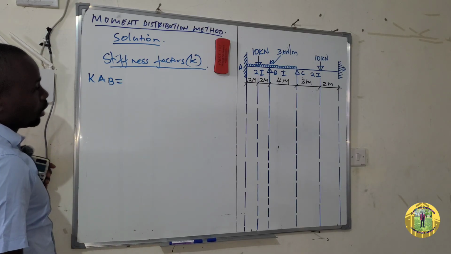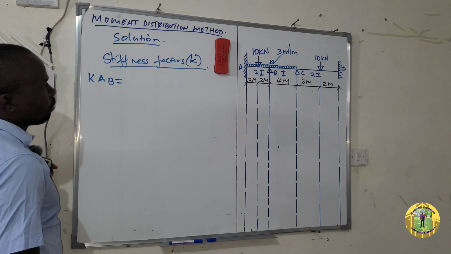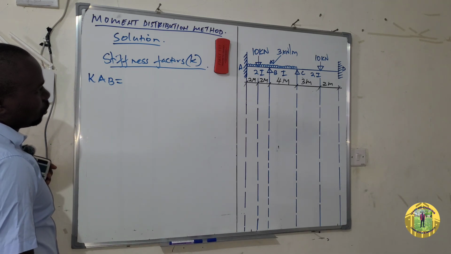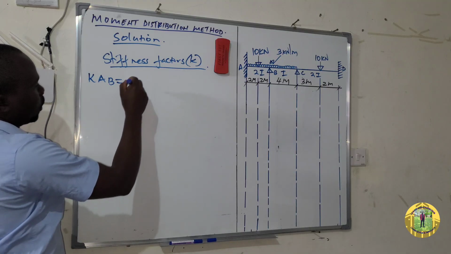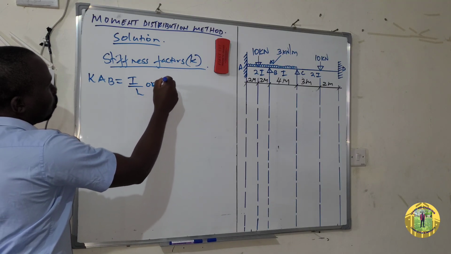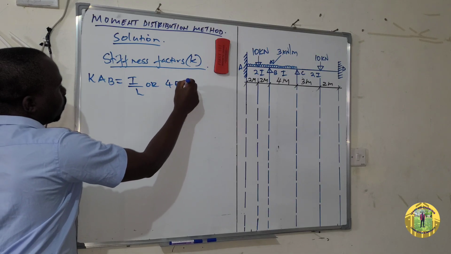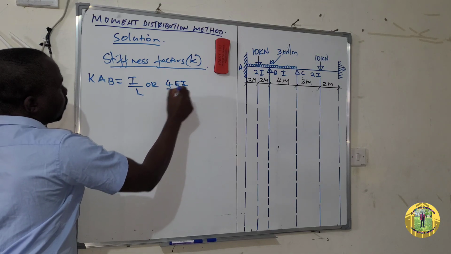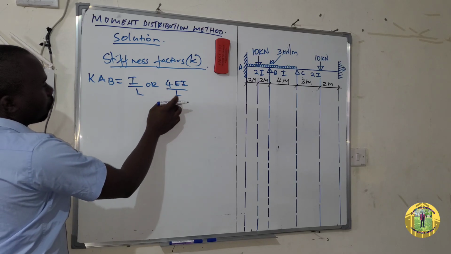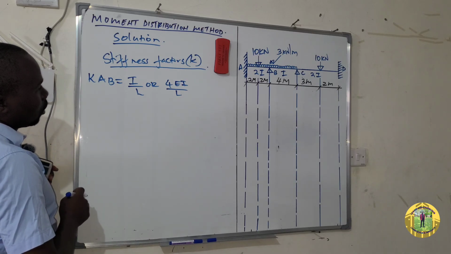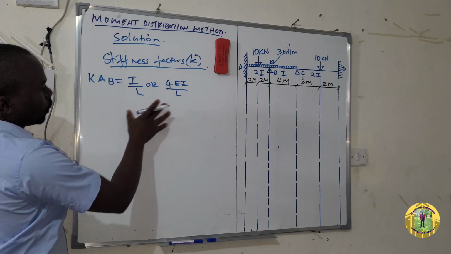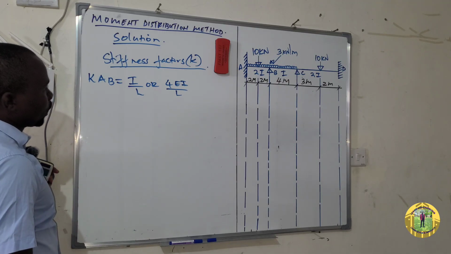As you can see, span AB, the farthest joint, which is A, is fixed, and therefore the formula for KAB will be I over L, or 4 EI all over L. I want to use both I over L and 4 EI over L. So in your exam, you will choose the one which will save your time.